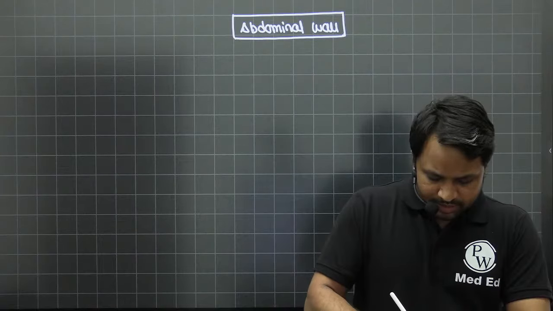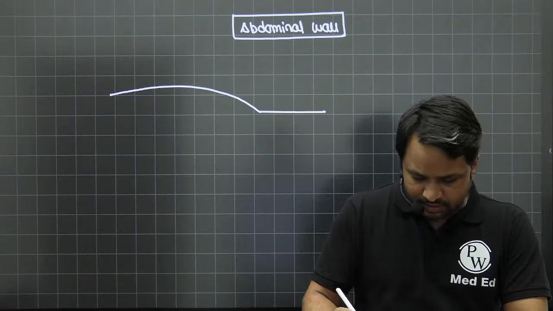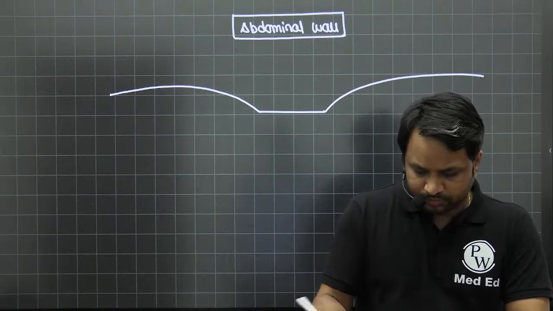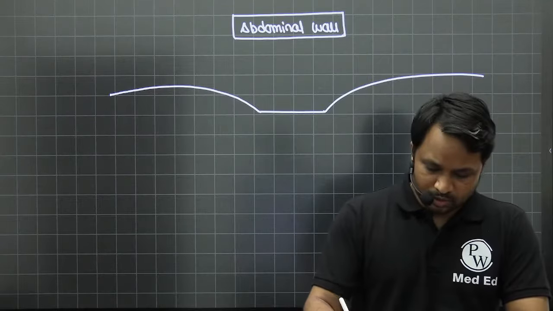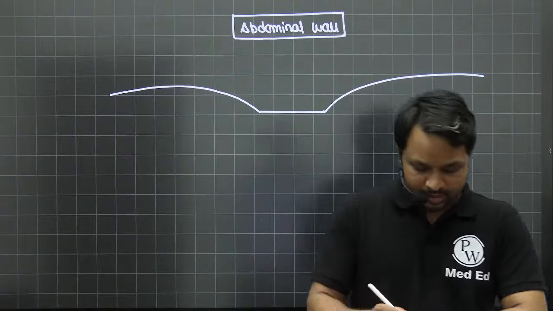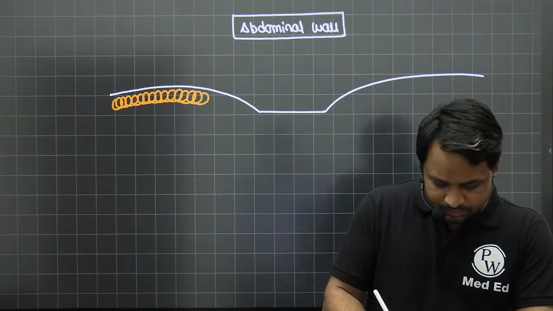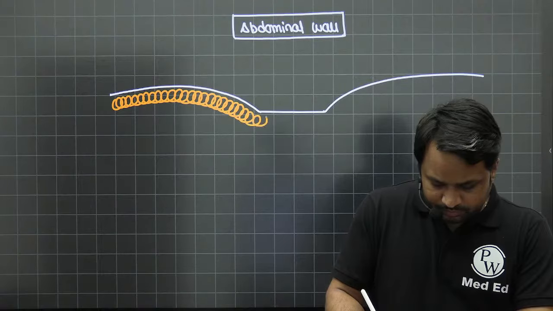let's say this happens to be the skin. So I'm just representing it in white. So under the skin, what do you have? You have the subcutaneous fat. The subcutaneous fat is divided into two layers: the Camper's and the Scarpa's.